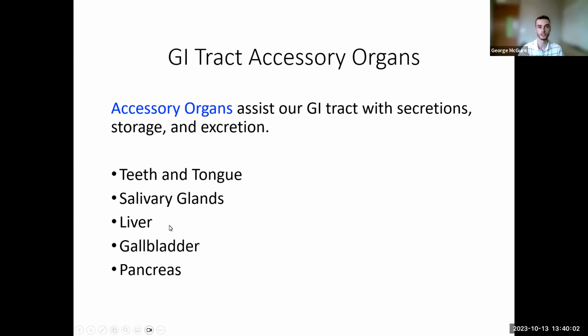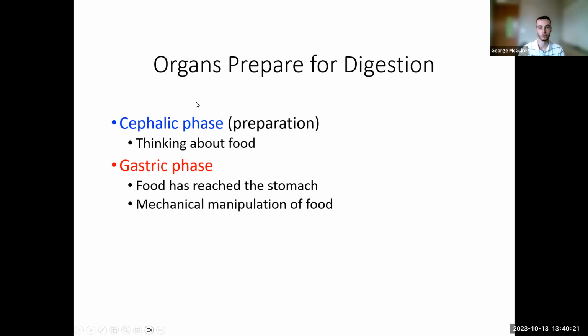The pancreas also secretes into the small intestine, and it produces a majority of the enzymes. So a majority of the chemical digestion that occurs throughout our GI tract comes from those enzyme molecules, those proteins that the pancreas produces and releases into the small intestine. We'll take a look at the role that all of these play in more detail.